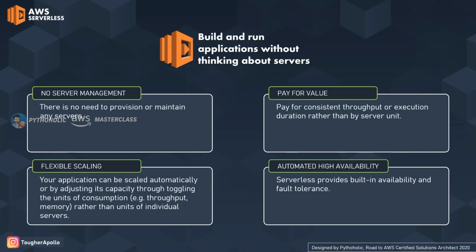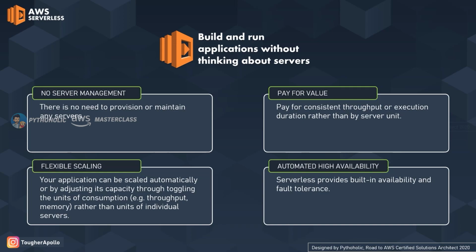The first one we have is no server management. So rest assured, you don't have to provision or maintain any servers. And the second one we have is pay for value. It's a very interesting term, pay for value. Remember that. This is a very important point and everyone must be aware of this: the whole glory about serverless has a caveat that boils down to the cost.